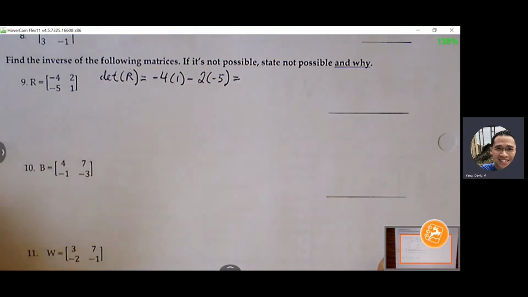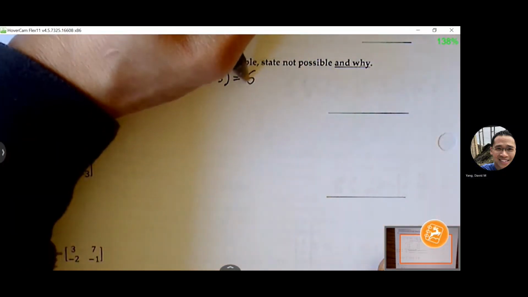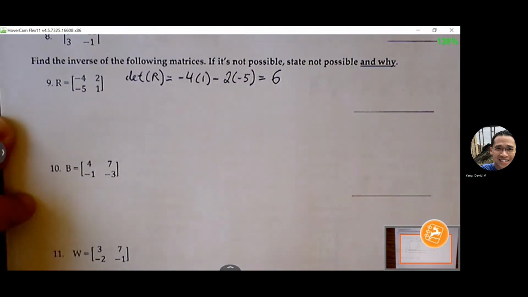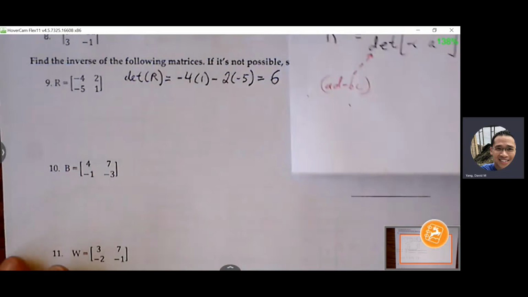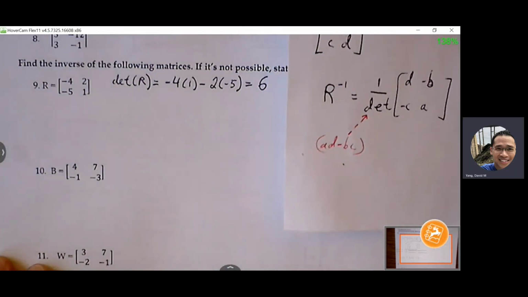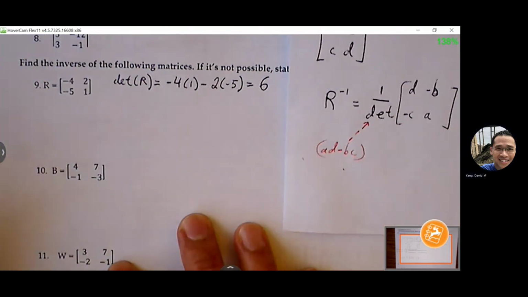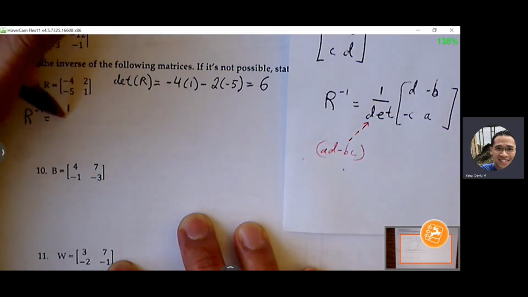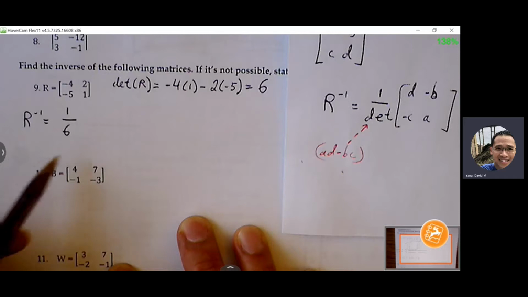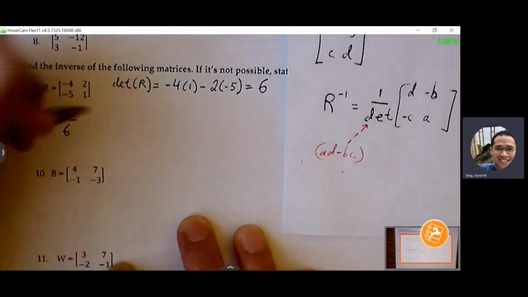Negative 4 plus 10 is 6. Now we're just going to follow the formula for your determinant. Make sure you put that determinant in the denominator of your fraction.